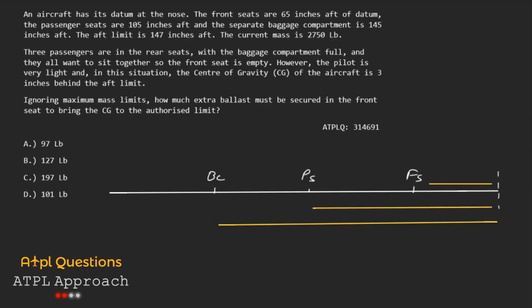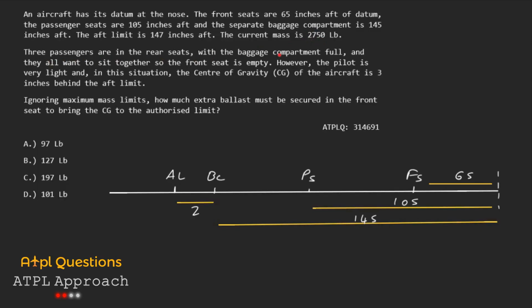So we've got 65 here, 105 there, and 145 there, all in inches. The aft limit is 147. I'll call that AL, so it's just 2 more inches away from BC. Let's just put that here. There's the 2 inches.